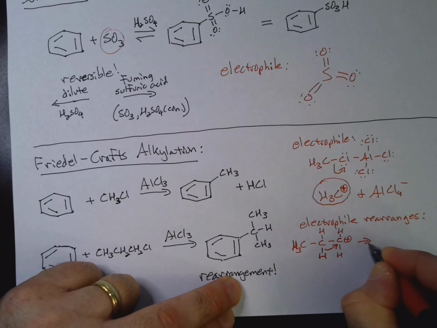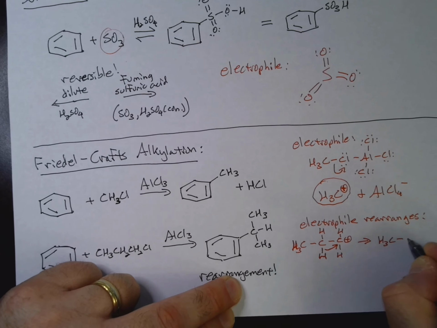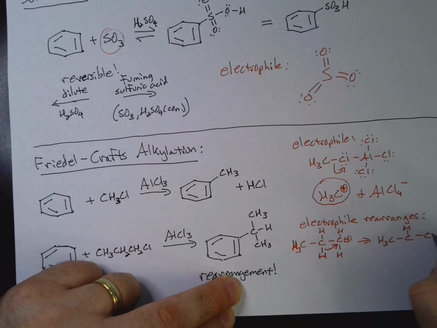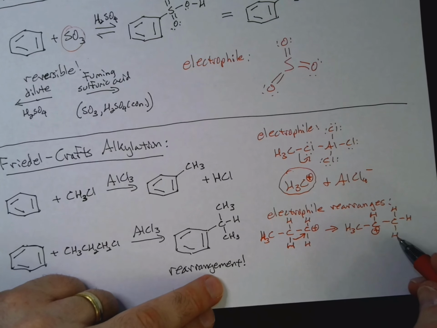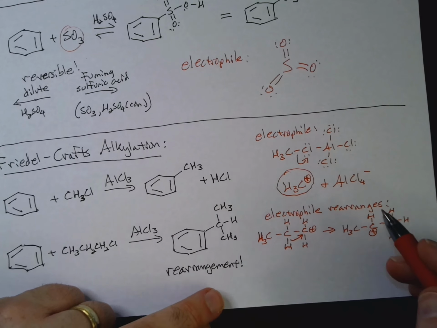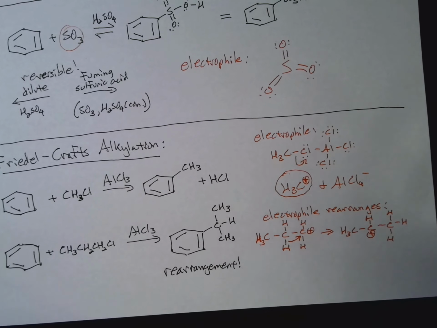And that will give us now H3C, CH, positive charge there. We get our more stable secondary carbocation. So this is one limitation of the Friedel-Crafts alkylation. I'll talk a little bit more about a couple of other limitations with the Friedel-Crafts alkylation, but we'll do that, I think, in the next lecture.